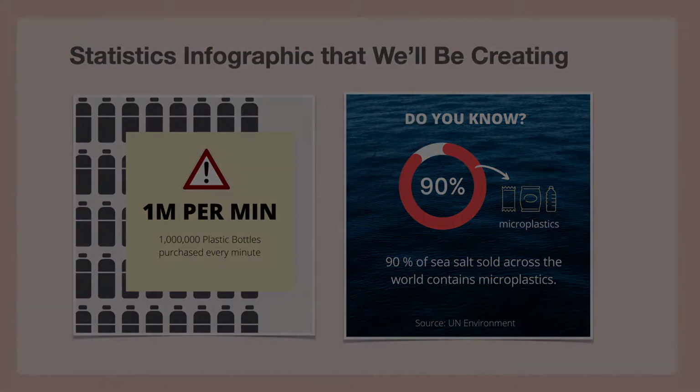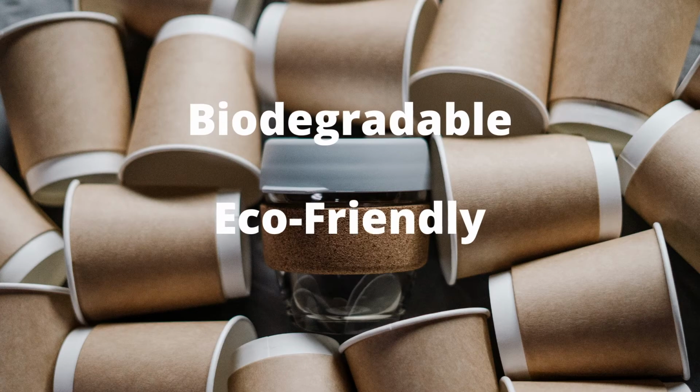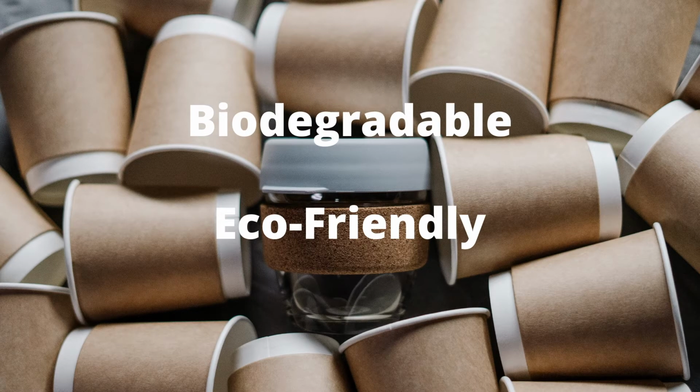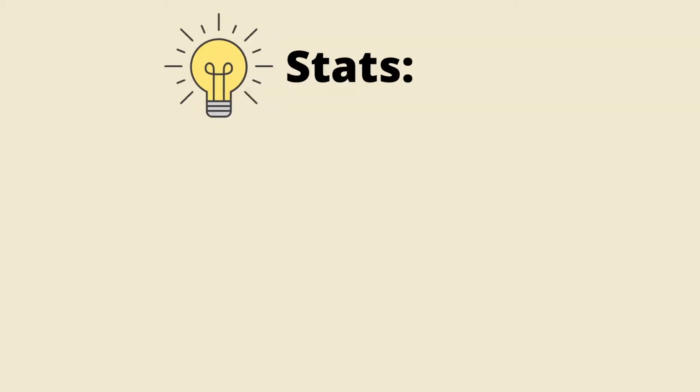So our example today is a company selling eco-friendly products like compostable packaging. To encourage more people to use biodegradable packaging products, we need to tell people how harmful plastics are to our environment. Here I have two strong pieces of evidence to prove that plastic is harmful to us, which I found on the internet.